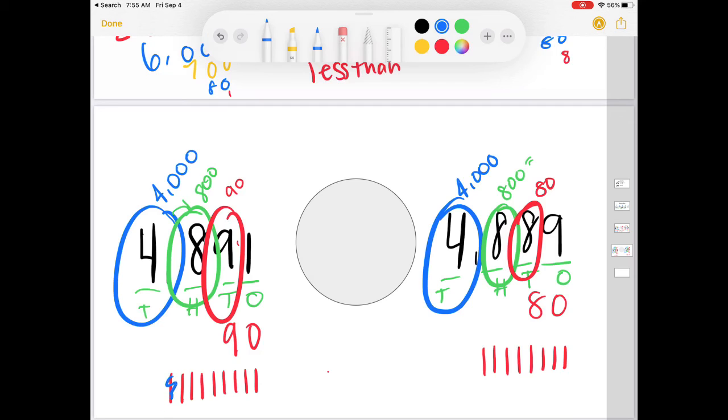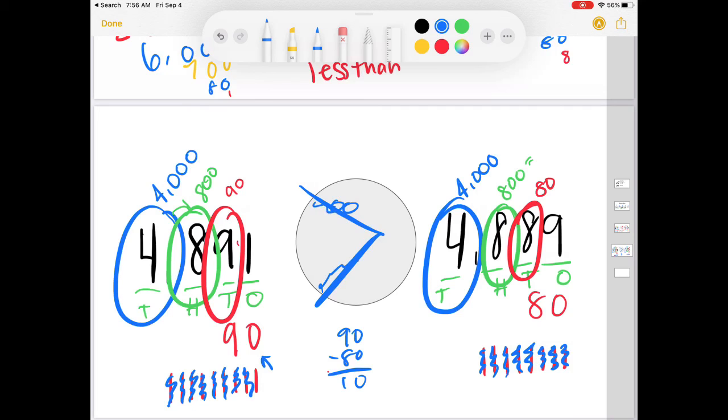Well, I can triple check this. Cross one off, cross one off, cross one, cross one. I'm going to keep doing this until I see which one has more left. All right, so I still have 10 left over here because 90 minus 80 is 10, which means 90 is bigger.